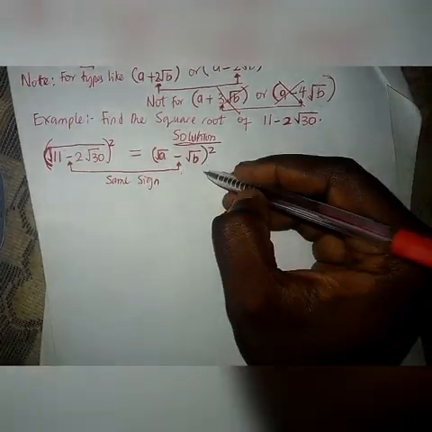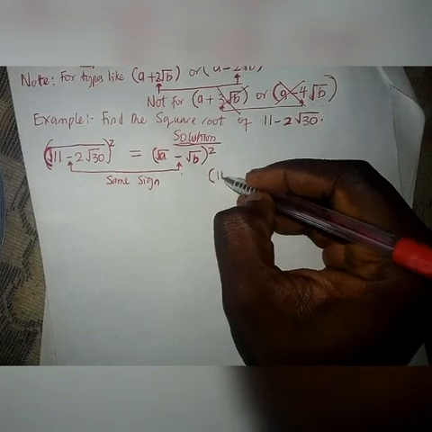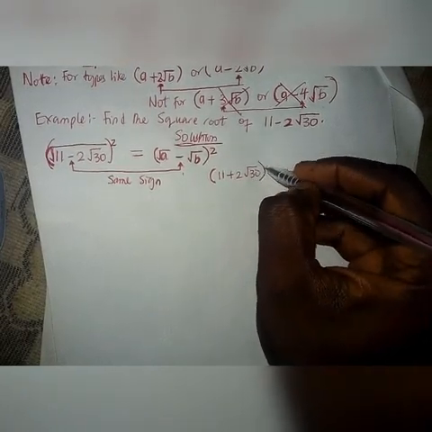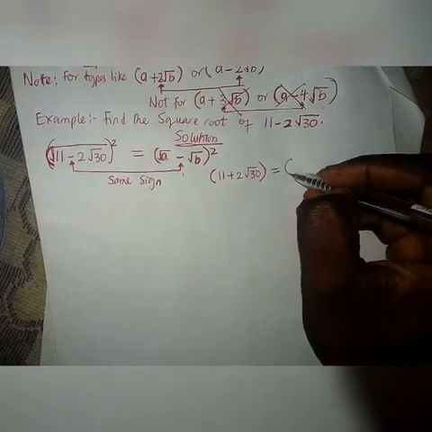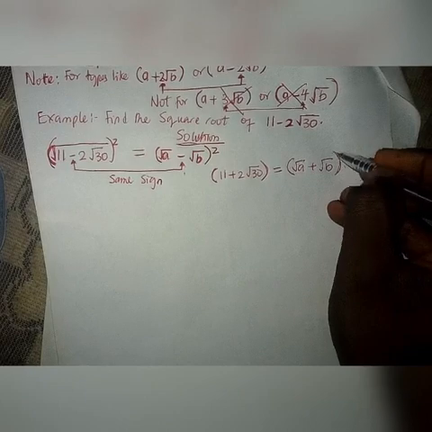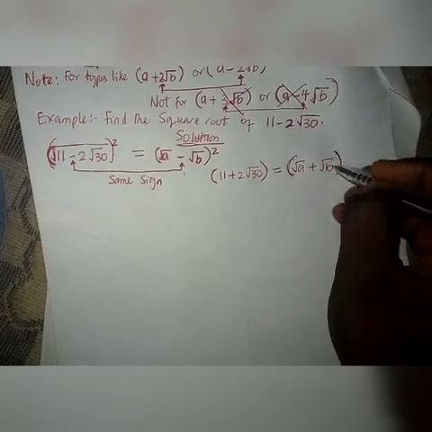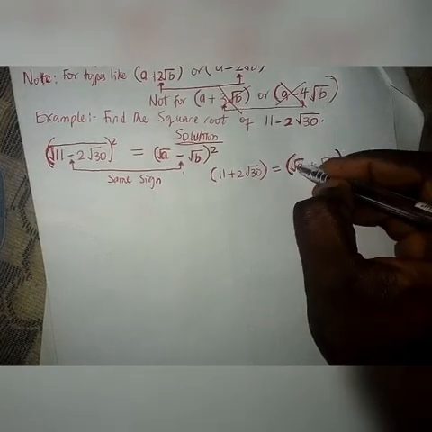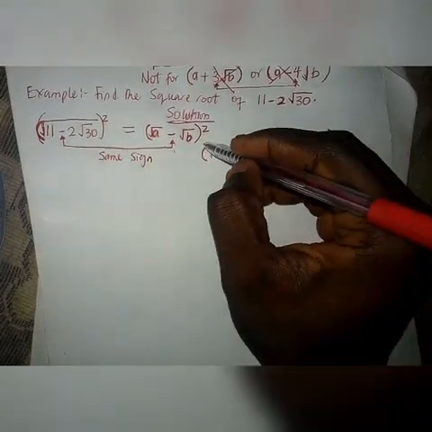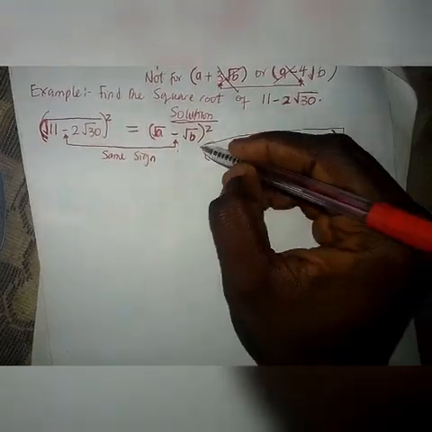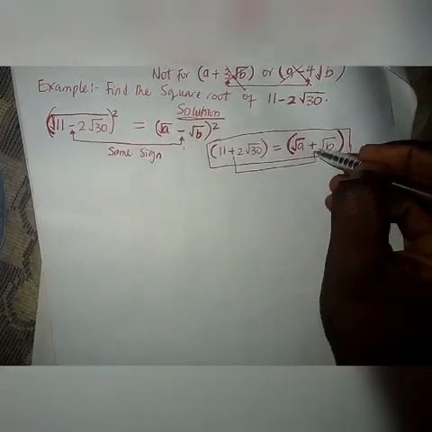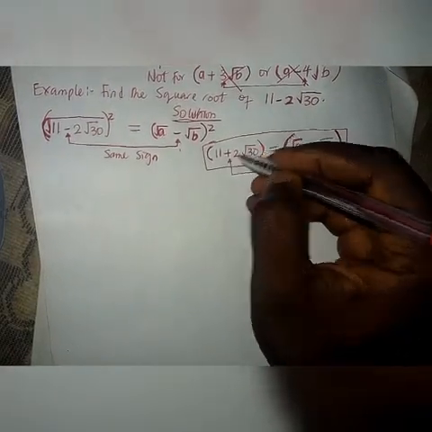So if we have 11 plus 2 surd 30, it must be equal to surd A plus surd B. Please don't get that wrongly. Don't compare it with the wrong sign.